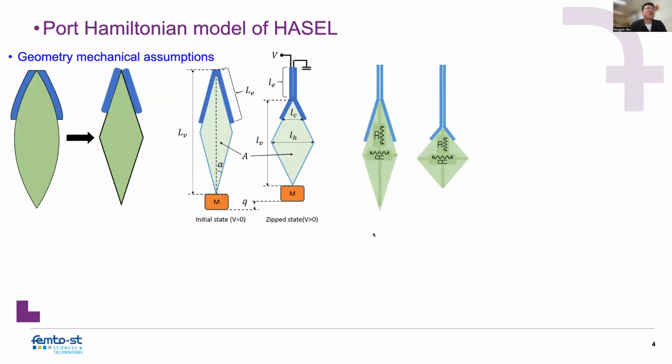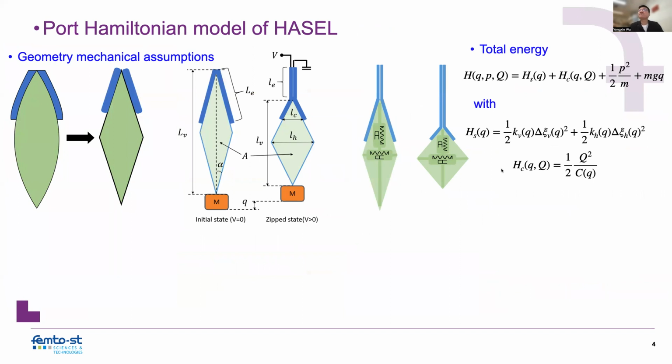Before the modeling, we make two assumptions. Firstly, the geometry of the actuator, we simplified from a pouch one to a diamond one. And secondly, we approximate the liquid hydraulic mechanism to two mass spring damper systems.